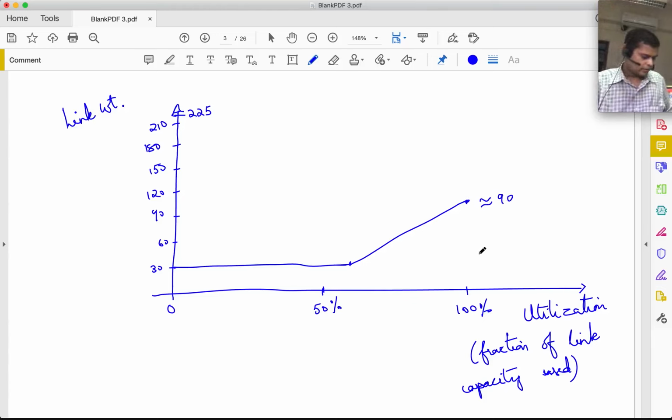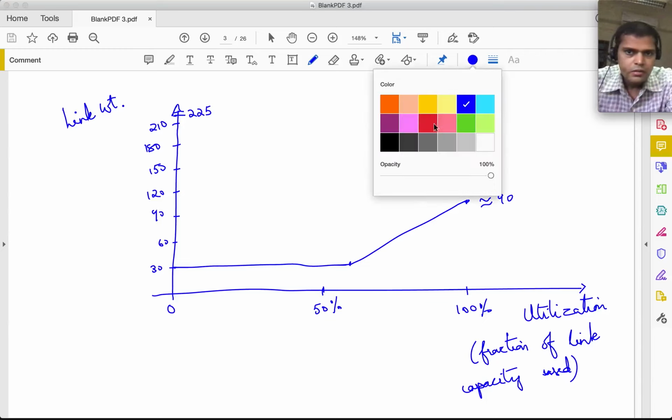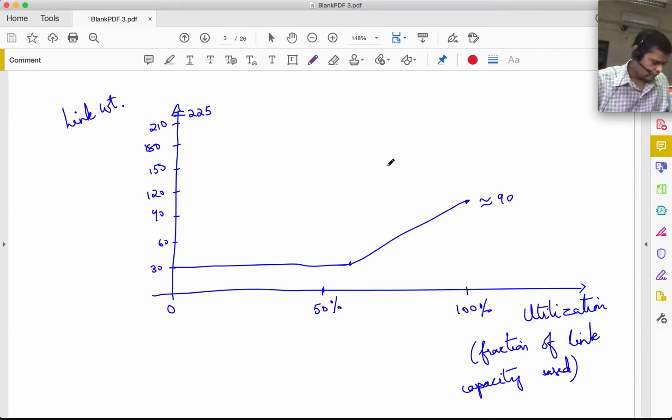What about the 56 kbps satellite link? We want to give it a higher weight. So let's say it's something around over here.